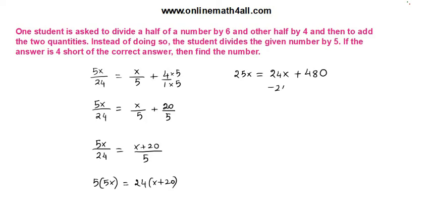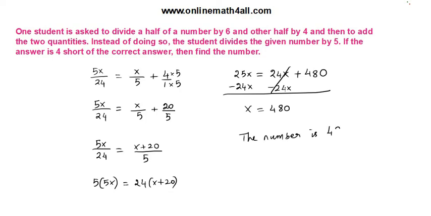So to solve for x, I just subtract 24x from both sides. So positive 24x and negative 24x will cancel out, and the simplification of this is just x is equal to 480. So the number is 480.